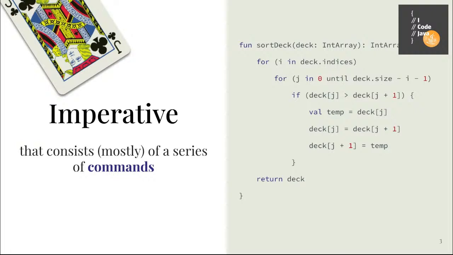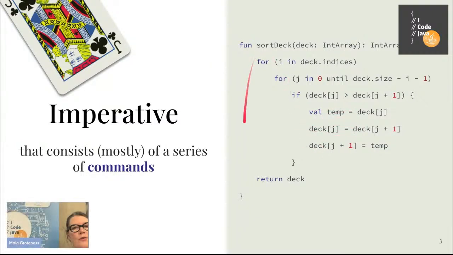It might look unfamiliar if it looks familiar, but what you need to notice is that there's a for loop that loops, there's another for loop, there's an if, there's some variables, we're setting some variables, we're reading some variables, and all of this is wrapped in a function. The function isn't the imperative part, it's the part inside here that's imperative.